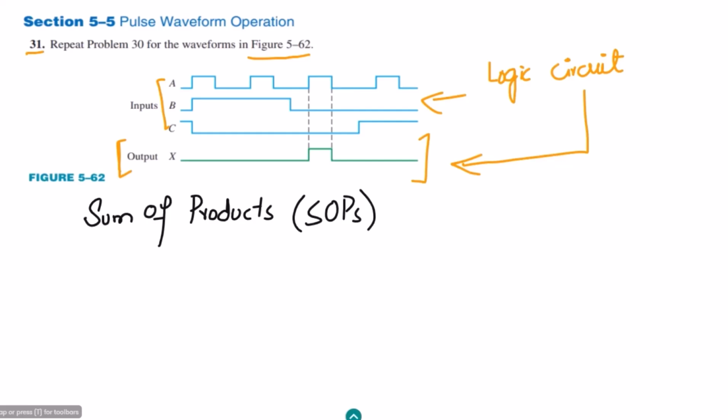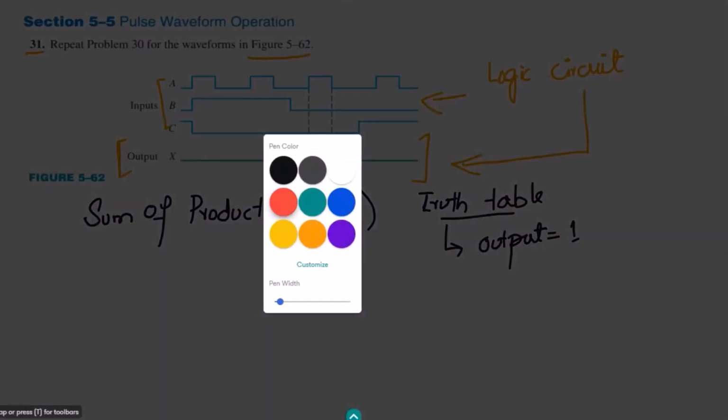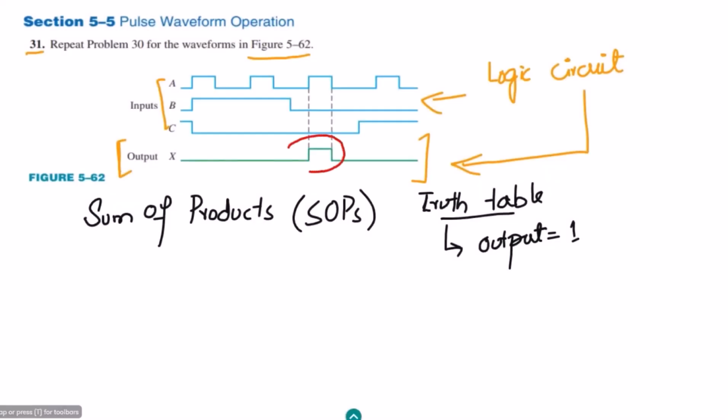We have to find out in the truth table the entries for which the output is 1. Therefore we have to identify the inputs here for which the output is 1, and we can very easily see that this is the only instance at which the output is 1, because this is a level 1. For this we have to find out the inputs.